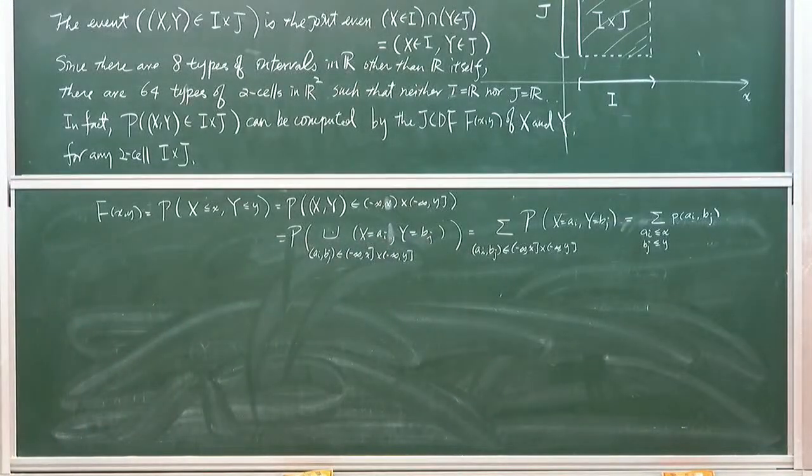On the other hand, if you know the joint CDF of two discrete random variables, then you can use this formula to compute their joint PMF. But as you can see, it will involve the left limit of the joint CDF of these two discrete random variables.